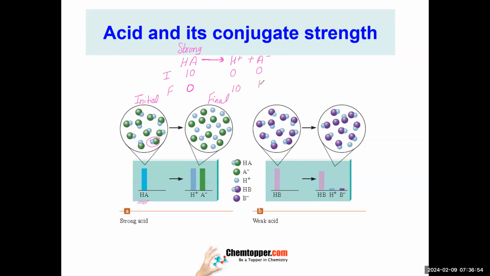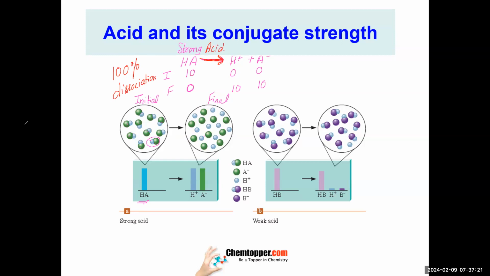How much A minus? 10. So this is called 100% dissociation. In this case, the reaction is totally on the side of the product. 100% dissociation, strong acid.